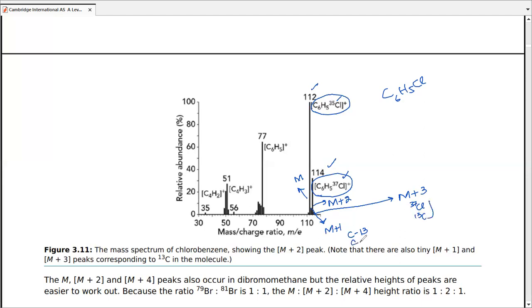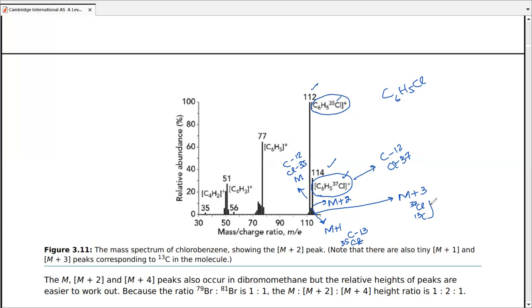It's when you have Cl37 and carbon 13 at the same time. This one is carbon 13 with Cl35. This one is carbon 12 and Cl35. And this one is carbon 12 with Cl37. I hope all of them work.